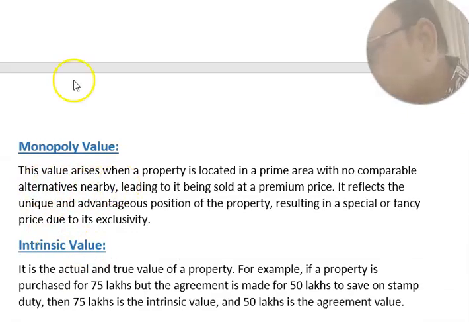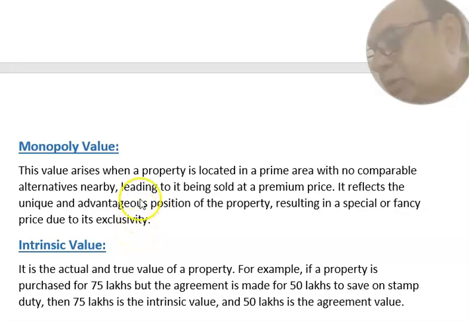Monopoly value. The value arises when a property is located in a prime area with no comparable alternative nearby, leading to it being sold at a premium price. It reflects the unique and advantageous position of the property, resulting in a special or fancy price due to its exclusivity.